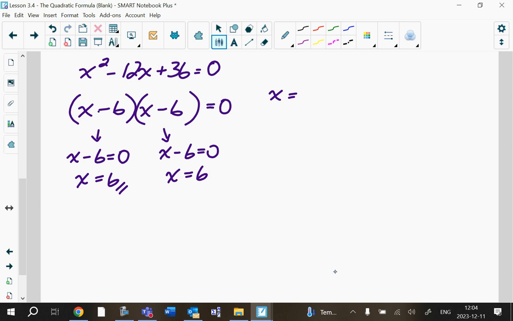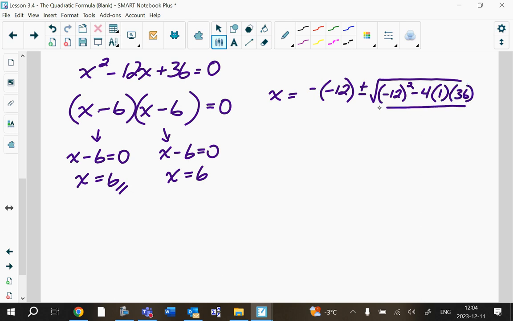So hang on. Negative b. So negative 12 plus or minus the square root of negative 12 in parentheses squared minus 4 times 1 times 36, divided by 2 times 1. Negative 12 becomes positive 12. And then under the square root, what's negative 12 all squared? 144.